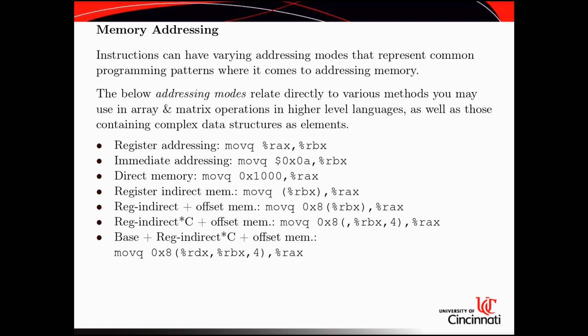This is actually telling it, I'm hard coding the address in the instruction of 1000, which is 4096 in decimal. It wants you to go to the memory location 4096. It's actually the offset from a base that's your data segment. And then store the 64-bit value you find there in the RAX register.